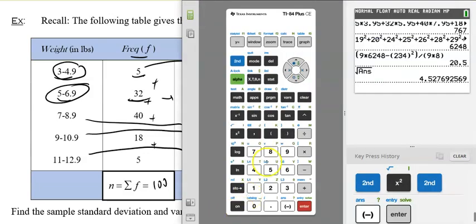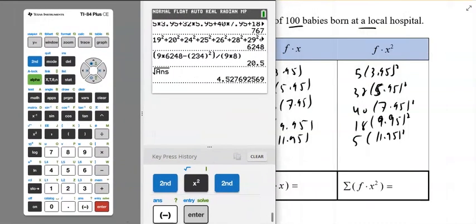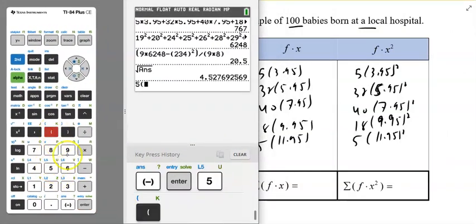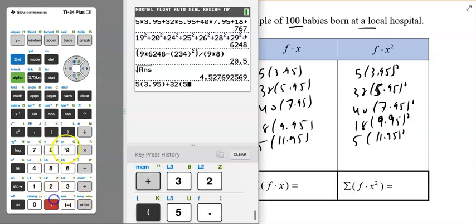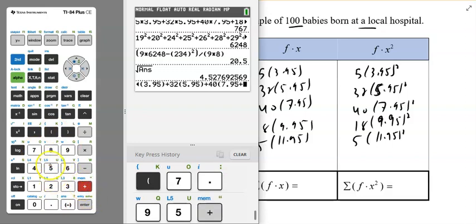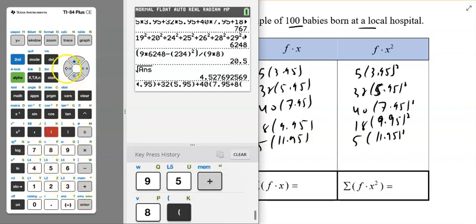If I get my calculator, which is still right there, and I take 5 times 3.95 plus 32 times 5.95 plus 40 times 7.95 plus 18, not 8, 18.